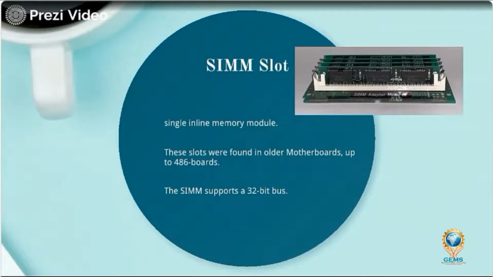It differs from a dual inline memory module, the most predominant form of memory modules today, in that the contacts on the SIMM are redundant on both sides of the module. The SIMM supports 32 bits of bus. It actually looks like a RAM slot.